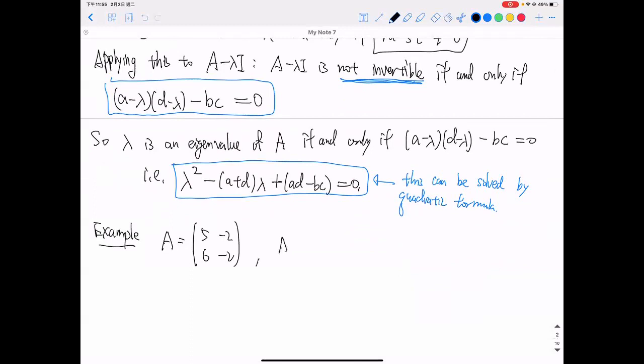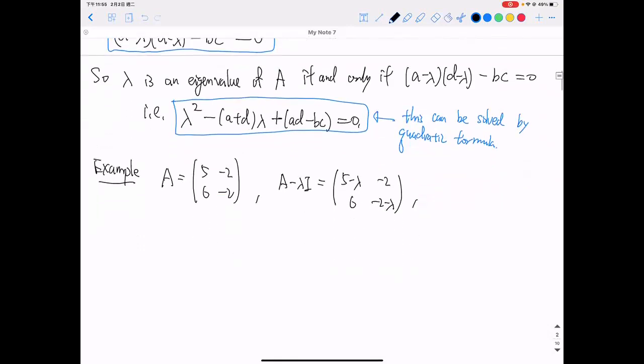For this, if, let's say, I don't remember this equation, then I just consider first of all A minus lambda I: 5 minus lambda, minus 2, 6, minus 2 minus lambda. Now the equation we need is therefore (5 minus lambda)(minus 2 minus lambda) minus 6 times minus 2 equal to 0. Okay, this is the equation for eigenvalues.